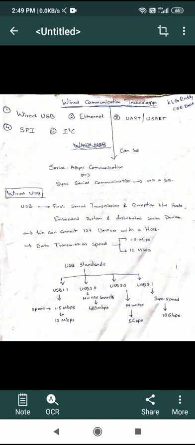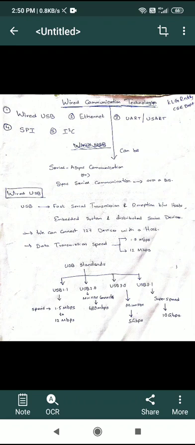In wired USB we can connect nearly 127 devices with a single host. That means with a single computer the maximum number of devices allowed to connect is 127. Examples: a wired USB mouse, anything which is a wired device having a USB connection.